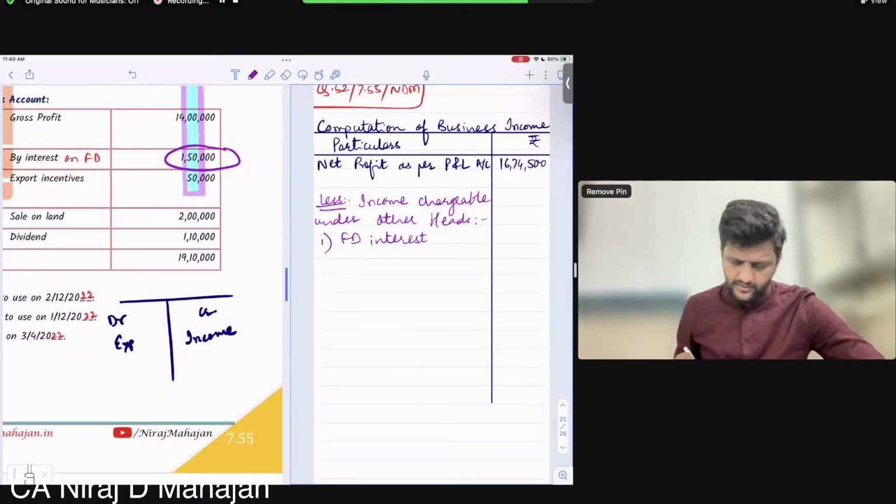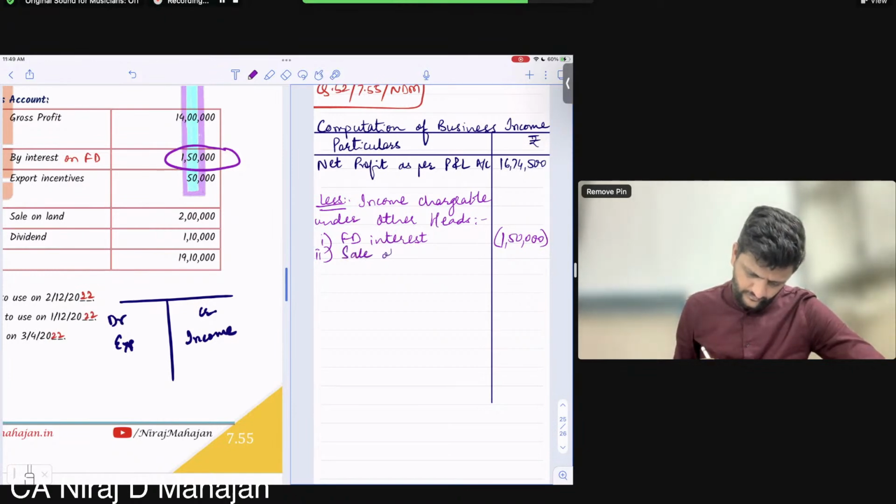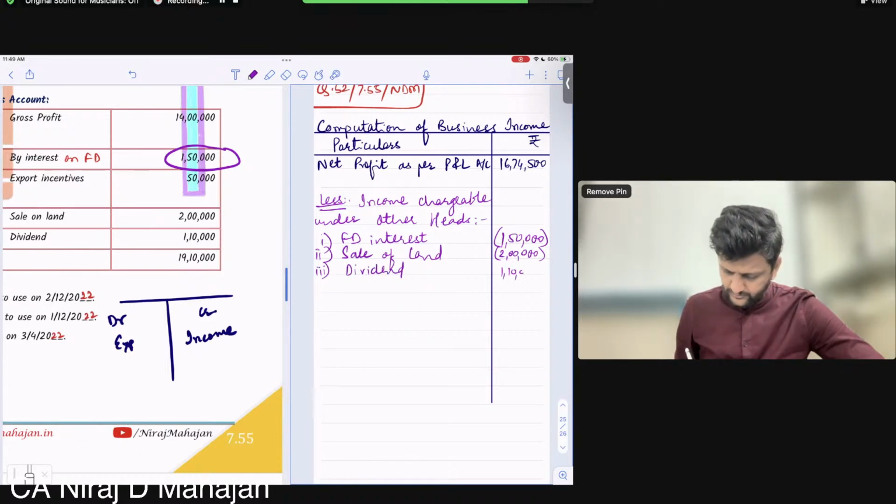FD interest 1,50,000. Sale of land, 2 lakhs. And third, dividend income 1,10,000.